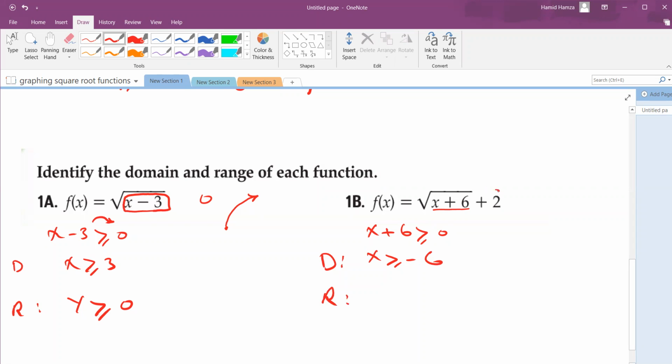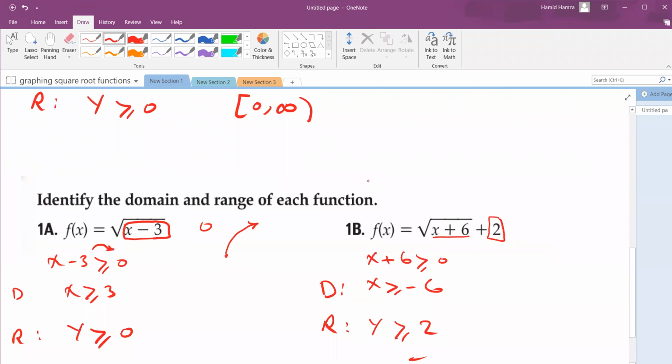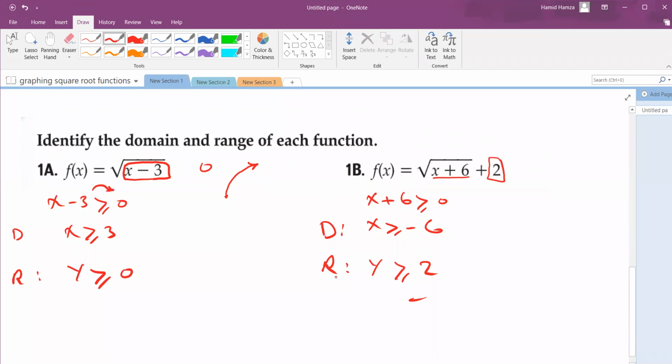Range, the number outside here is what? 2. So it will be what, guys? Y greater than or equal to 2. So this is the range. There is something, guys, that affects the range here. If we have a negative outside, this sign will be less than or equal.